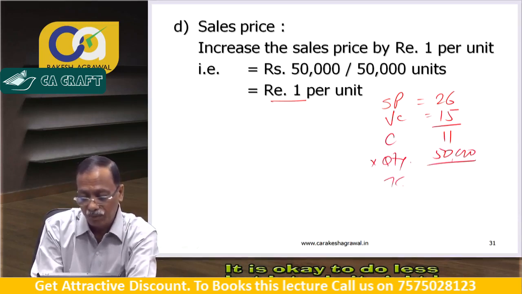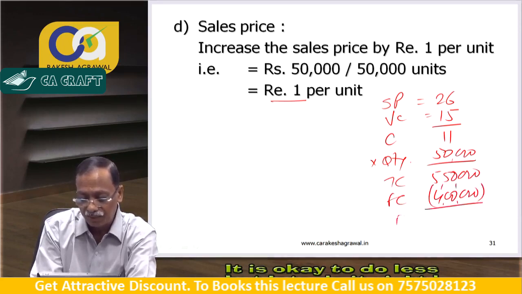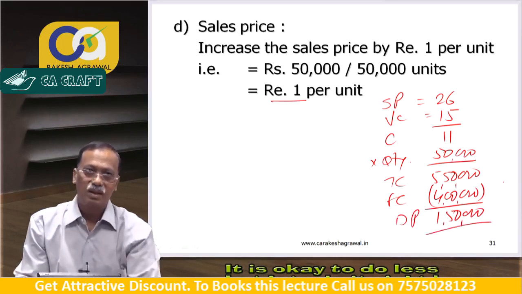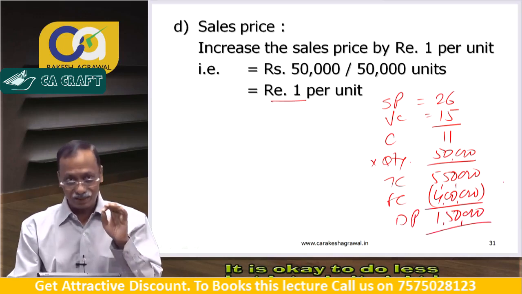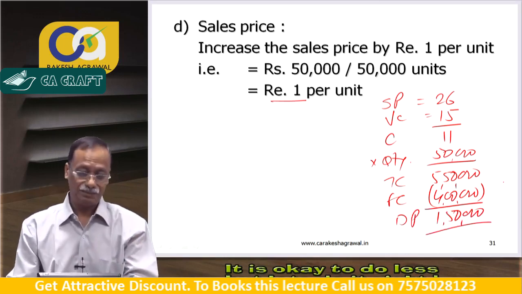Your total contribution will become 5,50,000 minus fixed cost 4 lakh. Correct? And you will get your desired profit 1,50,000. So much explanation I am giving just to make you comfortable, right? That the answers calculated are correct.